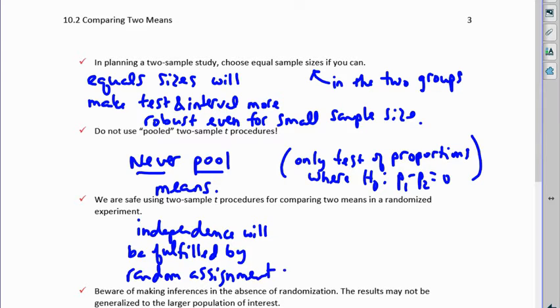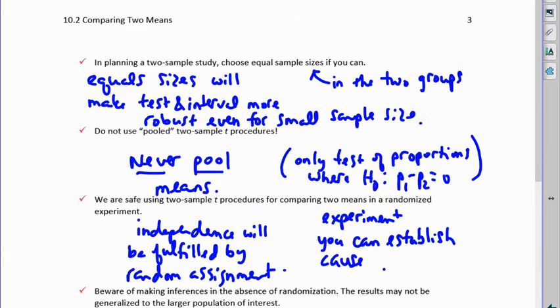And also, because you have an experiment, you can establish cause and effect. Okay, so that's something very interesting.